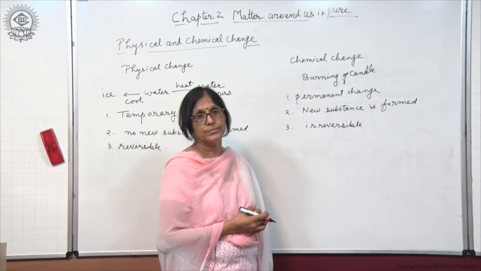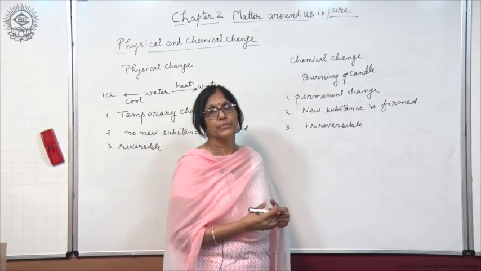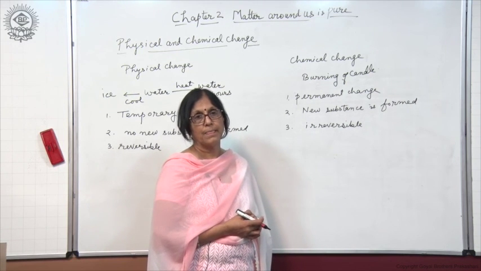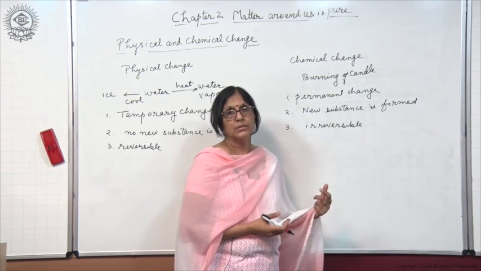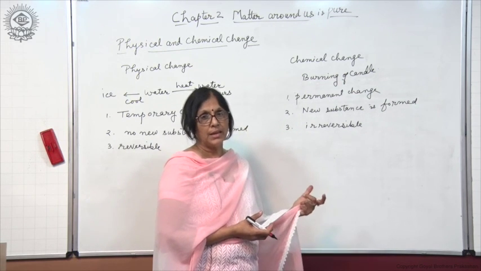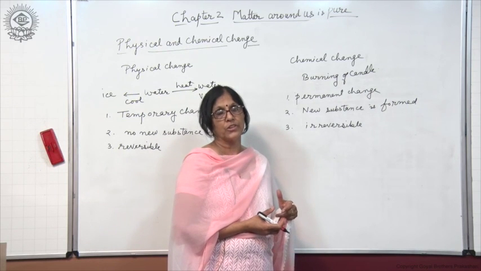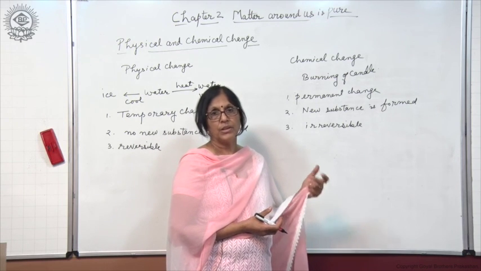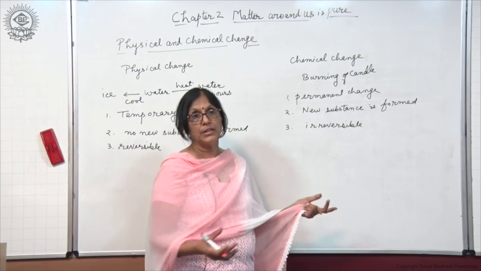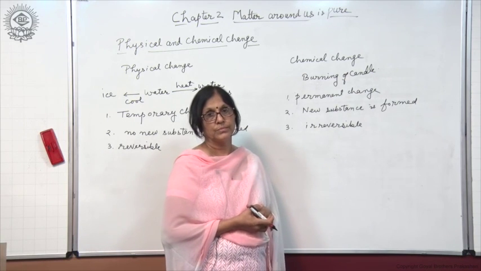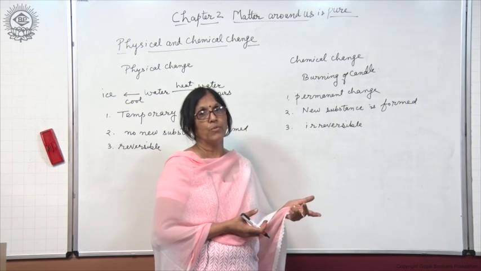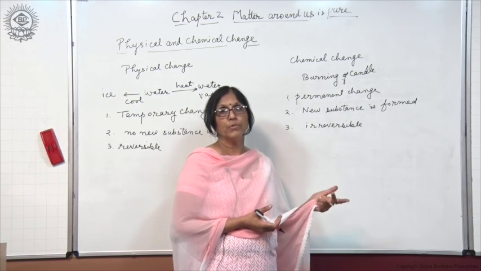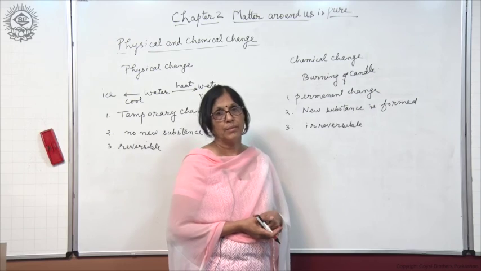Growing of a plant from seed to a big plant, digestion going on inside the body, respiration going on inside the body. So, these are all chemical changes, and when a chemical change occurs, a chemical reaction also occurs. So, chemical change is also called a chemical reaction, because when a chemical change occurs, then a chemical reaction occurs and new substances are formed. If hydrogen burns in oxygen, it will form water, and when water is decomposed by passing electricity, then it decomposes. So, these are both examples of a chemical change.